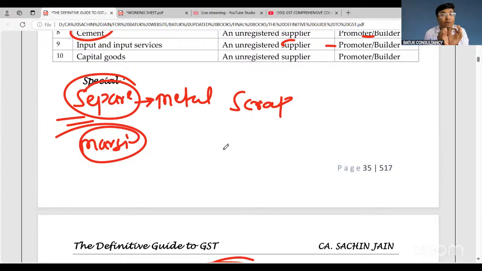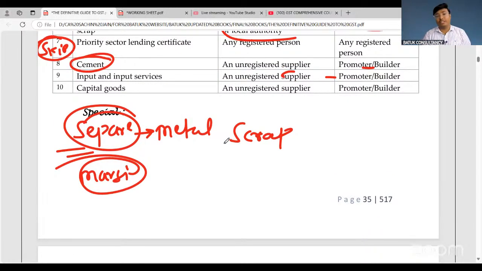In that case we found that an agriculturist is not liable to take GST registration, and if the agriculturist makes a supply to a registered person, then that registered person is liable to pay GST under reverse charge mechanism. Also silk yarn, raw cotton, goods in the case of seized goods, and the promoter-related concept in the list of goods.